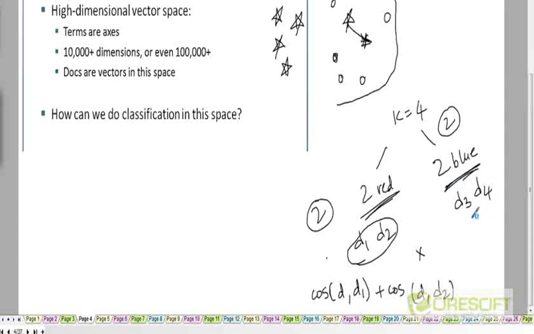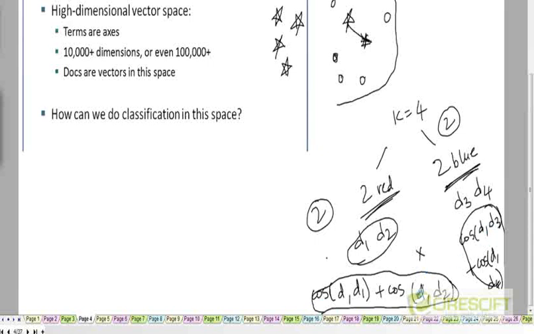And likewise, the score of the blue class would be the cosine similarity between the test document and D3 plus the cosine similarity between the test document and D4. And now there will probably not be a tie, because these are real numbers, and so it's very unlikely that you'll get exactly the same real numbers here.